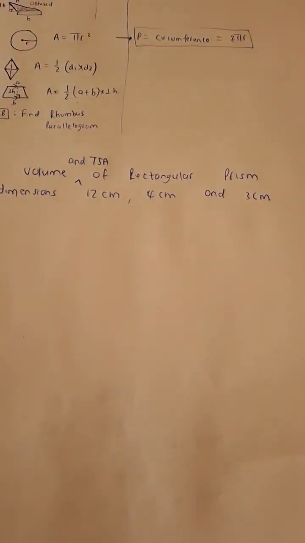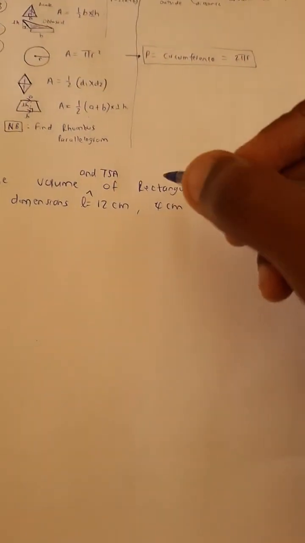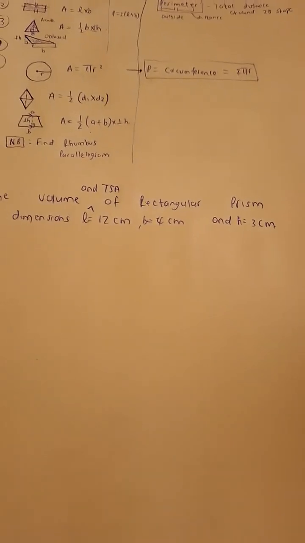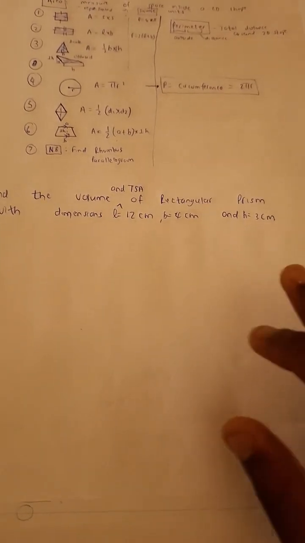So let's say they told us specifically that the length is 12, the breadth is 4, and the height is 3 centimeters. We need to find the volume of the rectangular prism and its surface area.